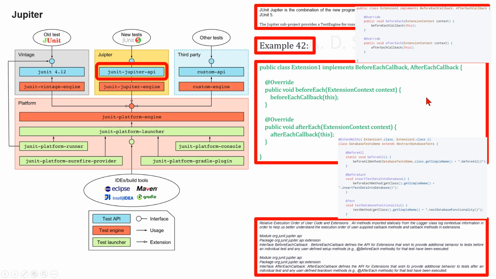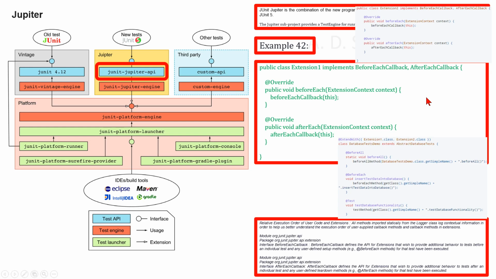JUnit Jupiter always guarantees wrapping behavior for multiple registered extensions that implement lifecycle callbacks such as BeforeAllCallback, AfterAllCallback, BeforeEachCallback, AfterEachCallback, BeforeTestExecutionCallback, and AfterTestExecutionCallback.